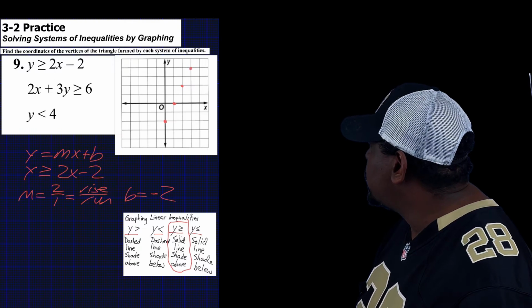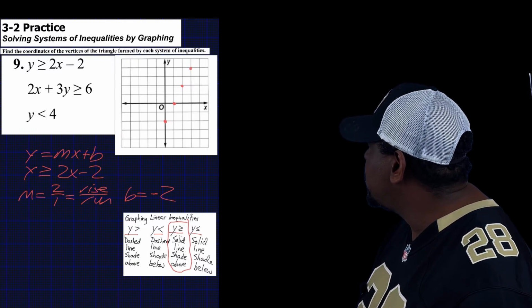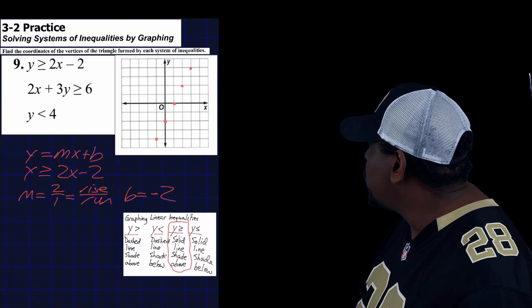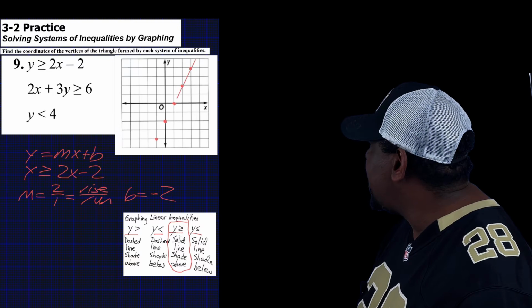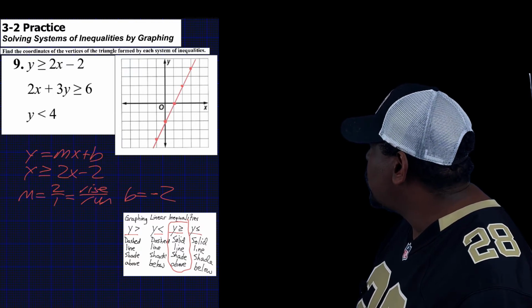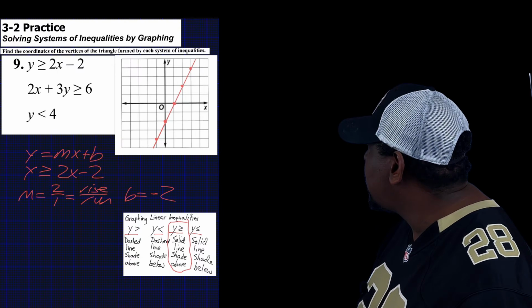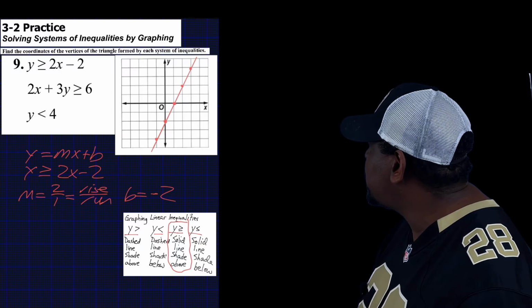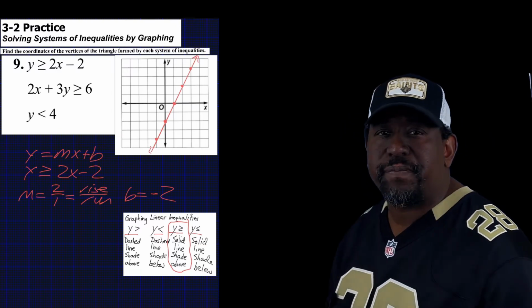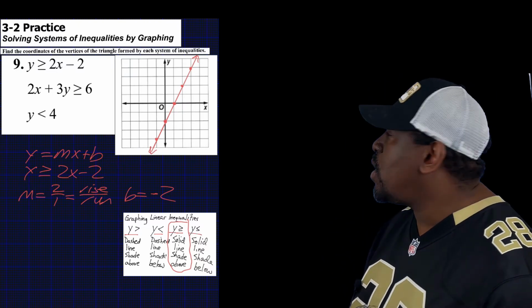We go up 2 spaces to the right 1, and we do it again, and we create another 2 points. To create a point to the left, we go down 2 and to the left. We know it's a solid line, which we draw. We want to put arrows at the end of the lines to indicate they go on forever. And we are now done with our first linear inequality.